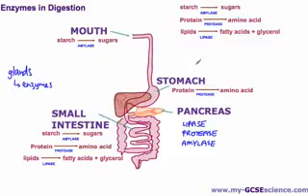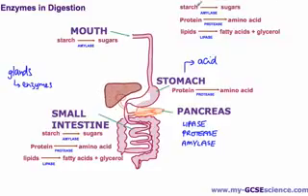The other thing that you do need to know is that the stomach produces acid, and the enzymes that work in the stomach work best in an acid environment. The other issue is that once the food comes out of the stomach, it's acidic, but that problem is solved by the liver. The liver produces a substance called bile, which is stored in a little structure called the gallbladder.